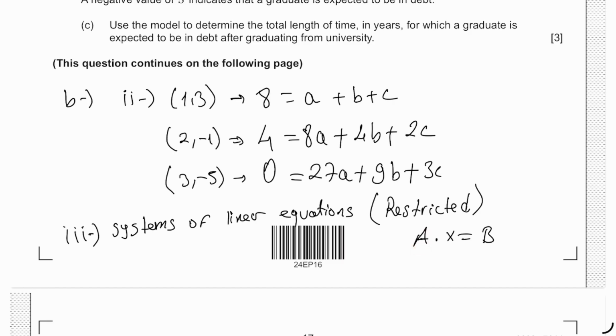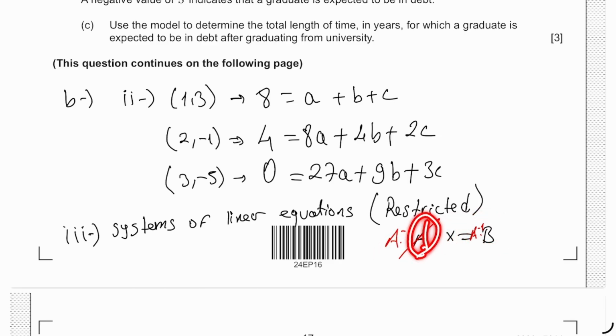You don't know matrices, you haven't seen this topic, but just remember this. If you multiply from the left side the inverse of this matrix, also from the left side, they're going to cancel each other, make it 1 here, and this inverse matrix will give you x.